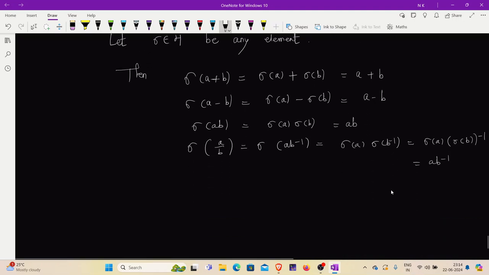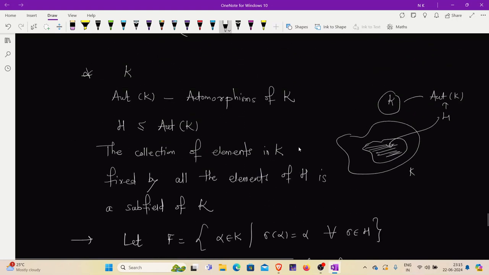So all these elements are in F, so that's why F is a subfield of K. So this shows that F is a subfield of K, right?